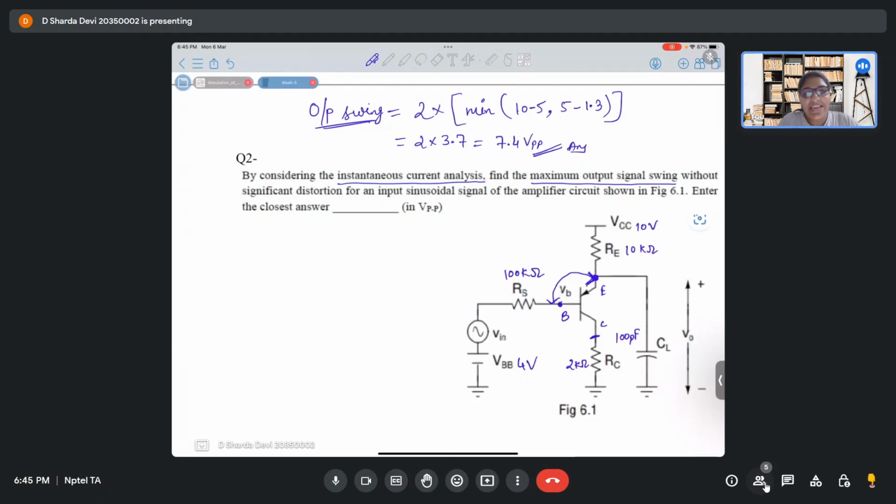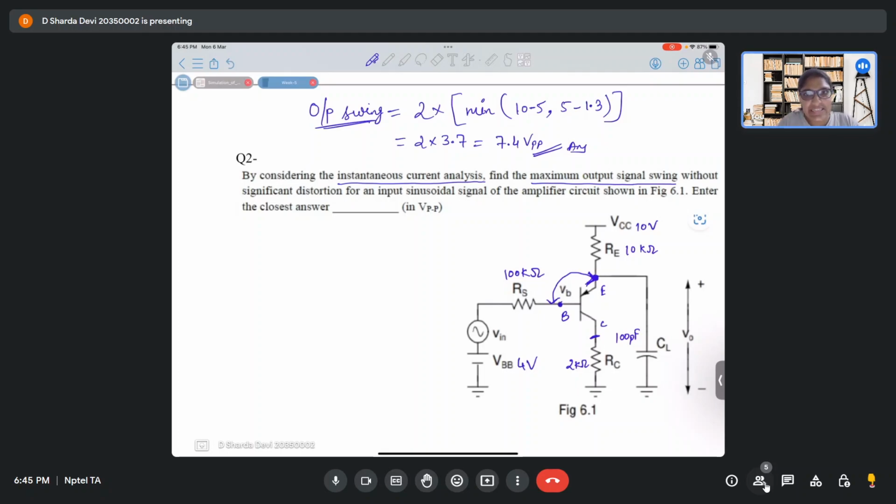Will you be asked two questions with the same answers simultaneously? Actually, I think we have to find the swing for the output current. Yeah, so let me tell you, these two are two different things.